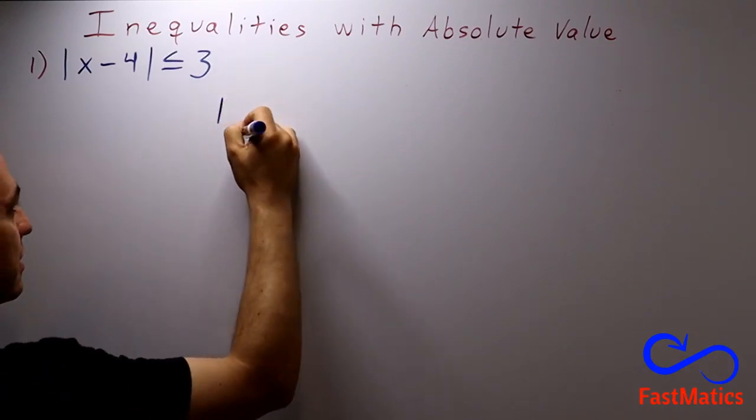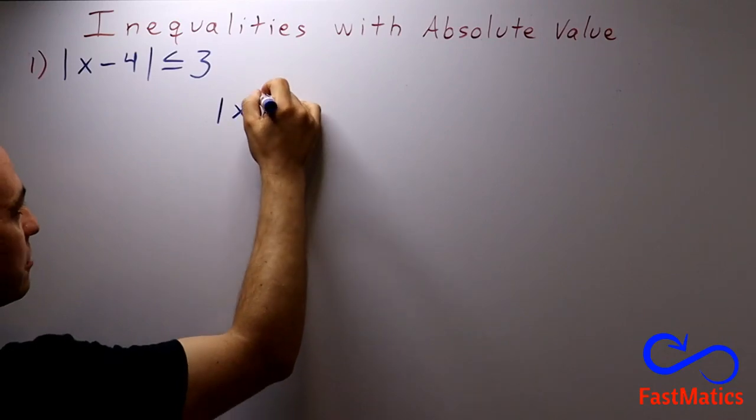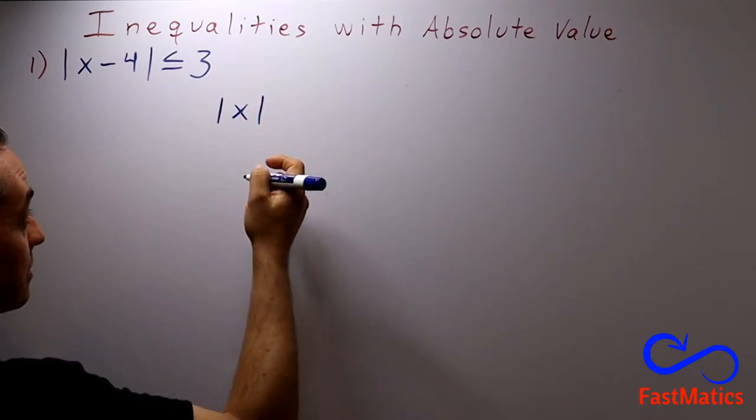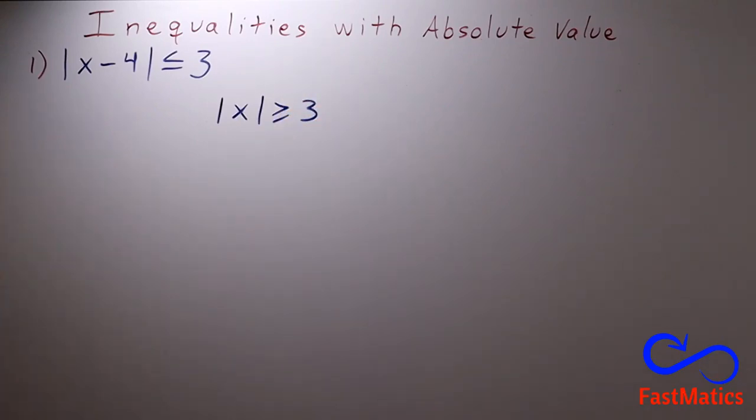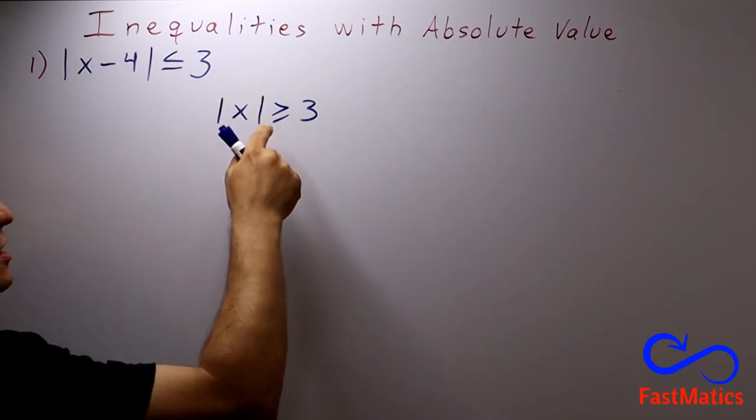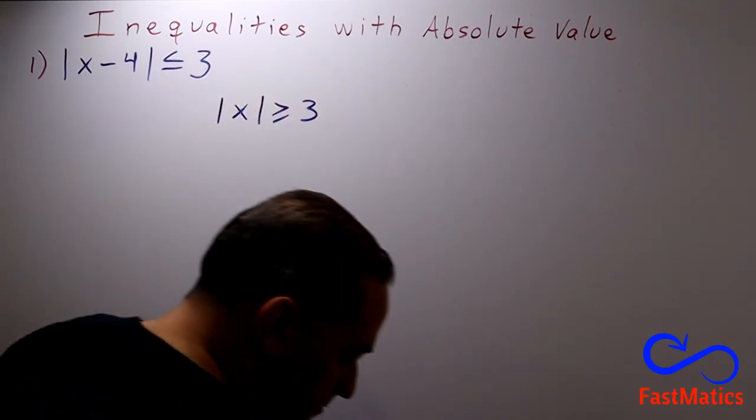So we must understand that if we have the absolute value of x greater than or equal to 3, let's think about it. A positive number greater than or equal to 3.